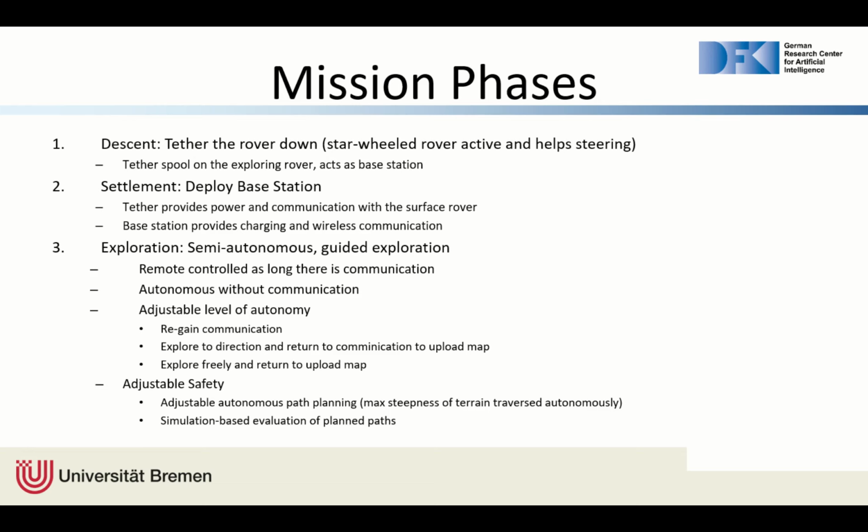The autonomous path planning has some parameters like the maximum steepness the robot is allowed to traverse, and also the maximum roughness of the terrain the robot is allowed to move into. Also we can have a simulation-based evaluation of paths, so before the robot is actually executing the movement, it can be pre-simulated to see if there are some difficult areas.